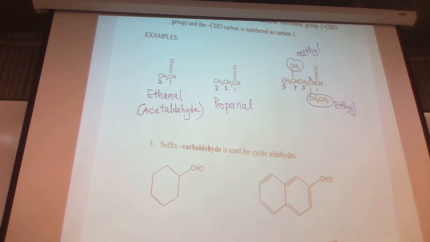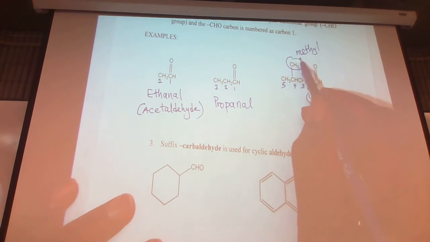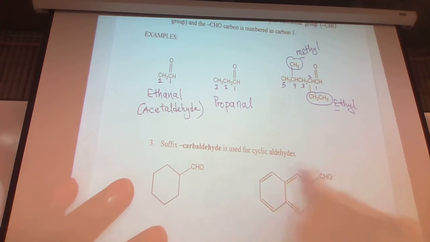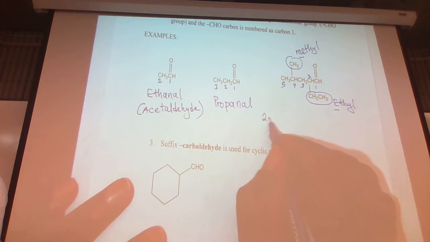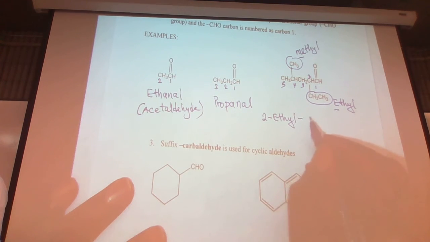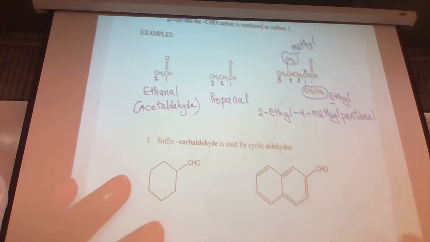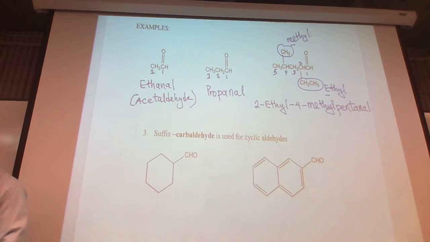Okay? So E comes before M in alphabetical order. So this is going to be 2-ethyl, 4-methyl, and then you write the name of the chain, so it's pentanal. Okay.